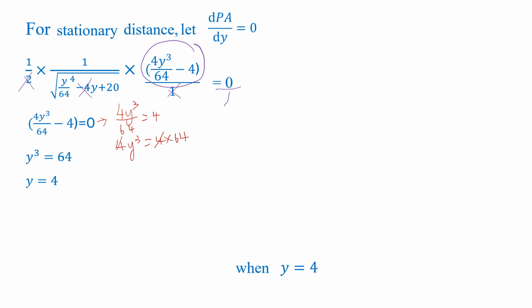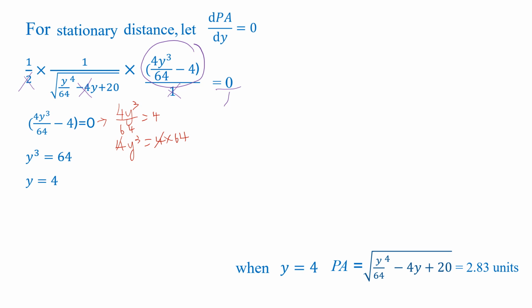The next thing is, when y equals 4, what happens? We substitute into the distance PA to get 2.83. I think the question requires you to show that PA is a minimum. To do that, we're not going to use the second derivative.